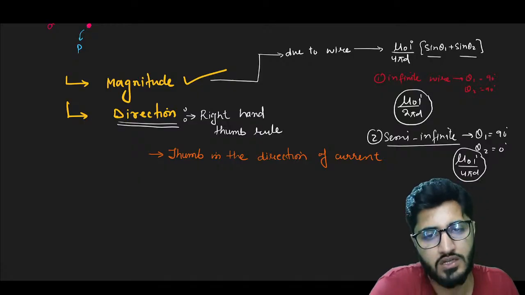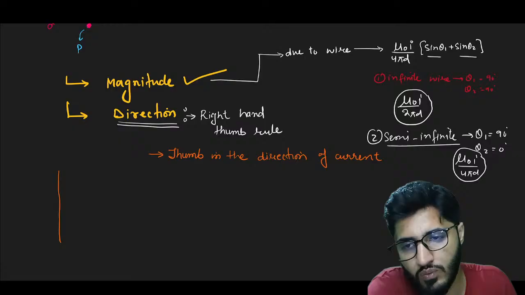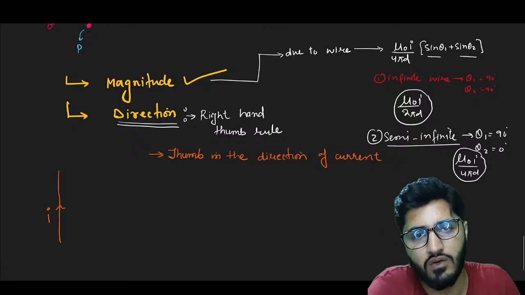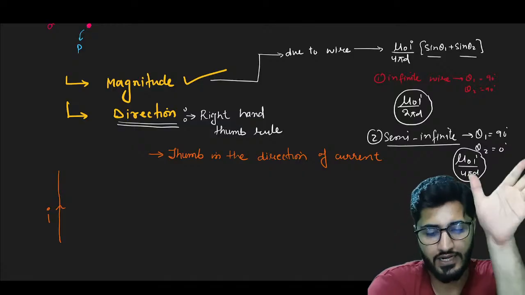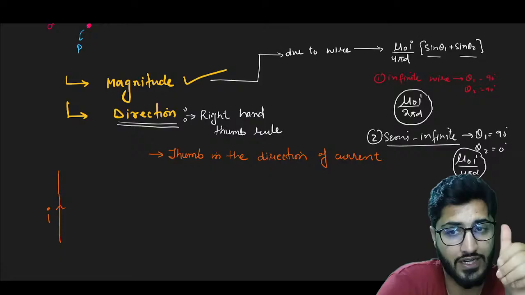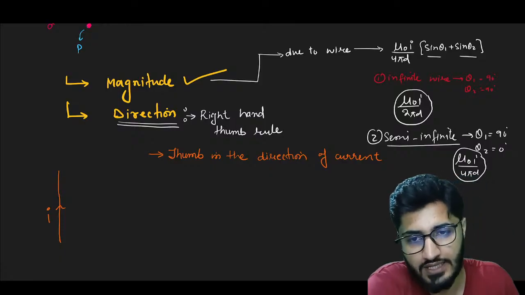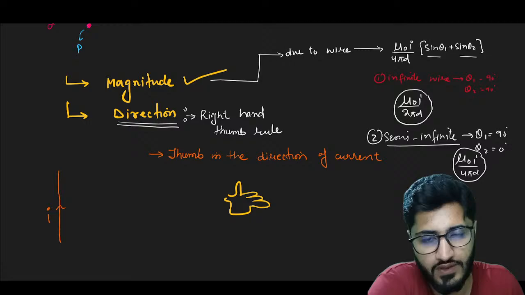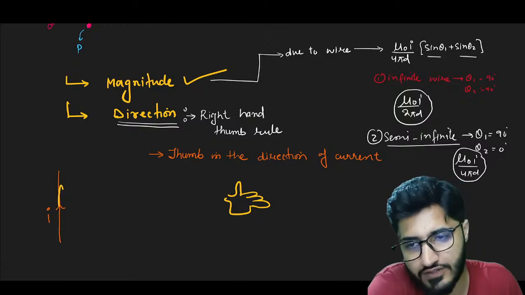Suppose this is my wire, current I is going here. Now take your hand and place it on the wire in such a way that your thumb is in the direction of current. If this is my hand, my thumb will be in this way.